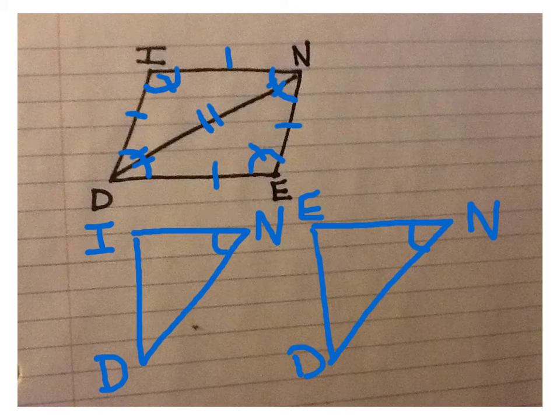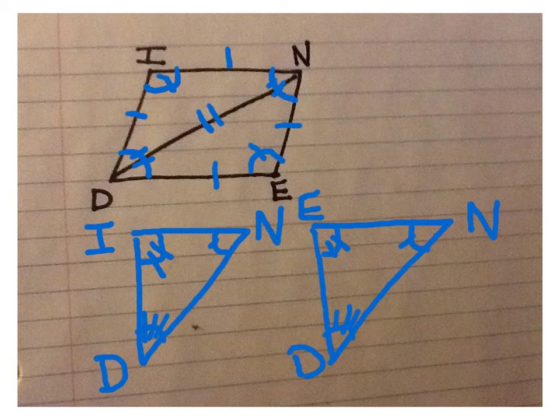So we know that angle N is congruent with angle N because it is the same angle. We also know that angle I and angle E are congruent to each other. We also know that angle D is congruent with angle D because it is the same angle.